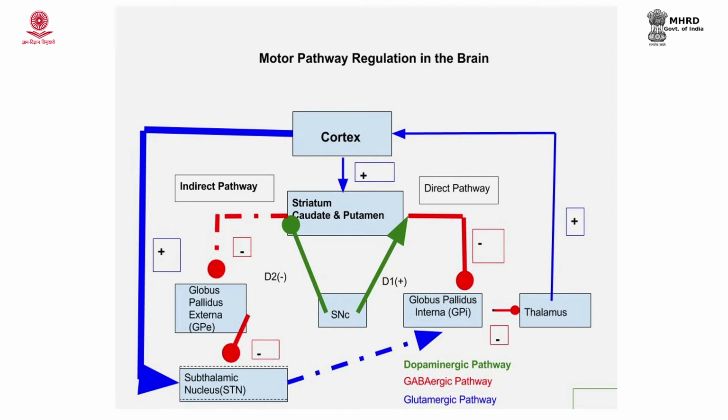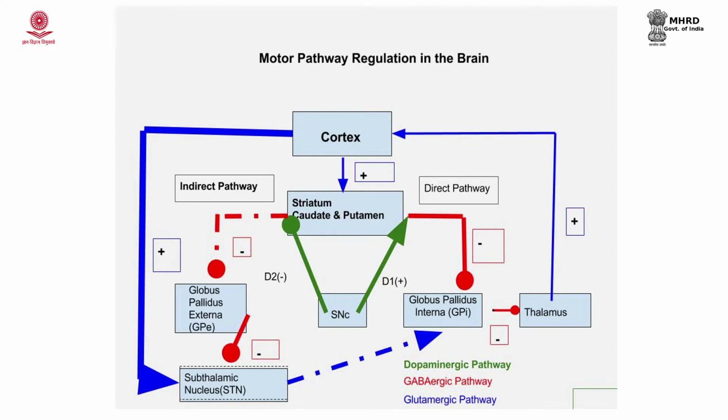So, that is the direct pathway between cortex, striatum, globus pallidus interna, thalamus and back to cortex.